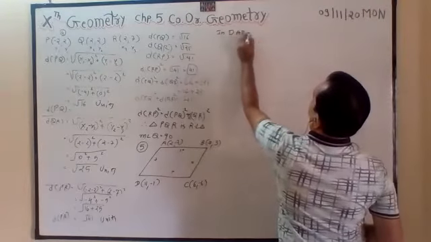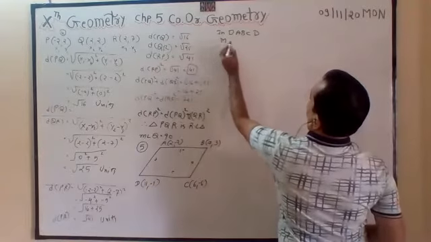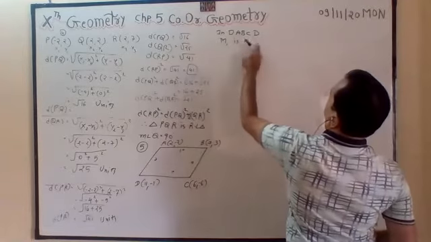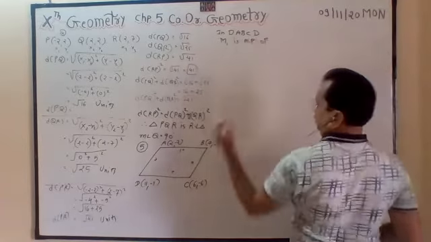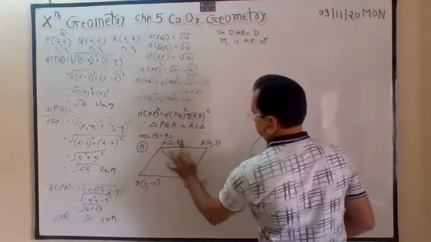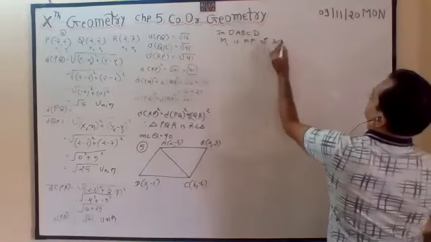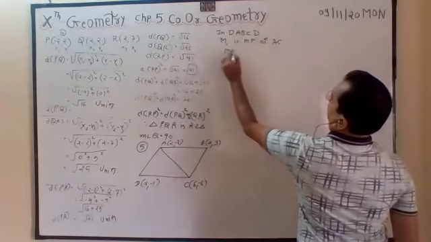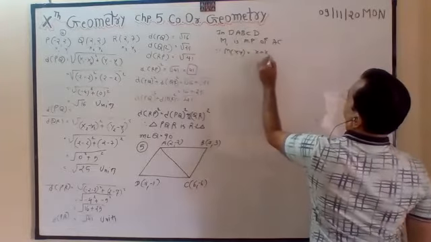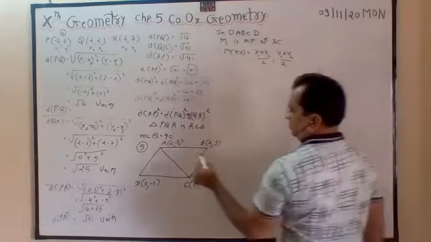In quadrilateral A, B, C, D, for example, M1 is the midpoint of AC. Therefore, M(x, y) is equal to (x1 plus x2) divided by 2, (y1 plus y2) divided by 2.